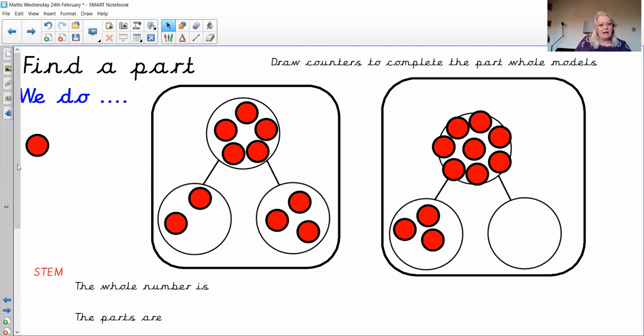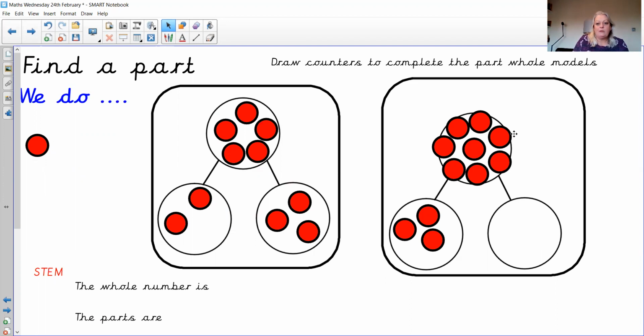So using our STEM language down here, we can say the whole number is 5 and the parts are 2 and 3. Say it once more. The whole number and the parts are, and brilliant.